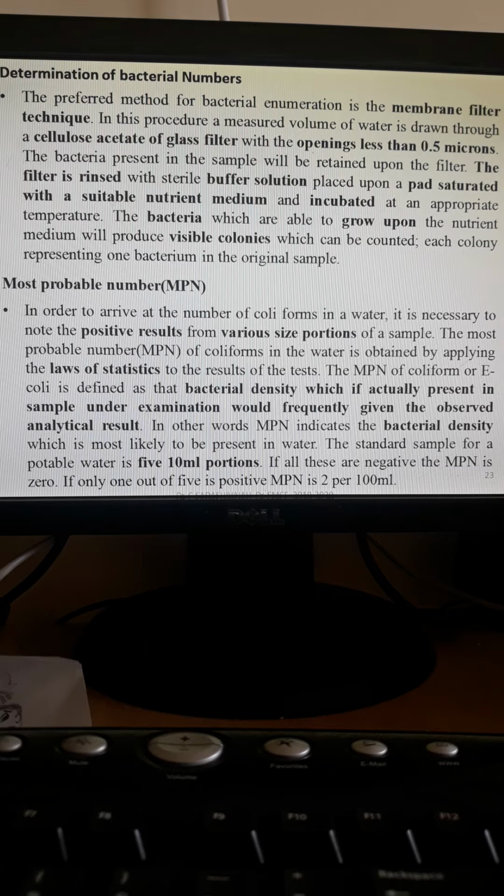It may be 24 hours or 48 hours at 35 or 37 degrees, as prescribed in the procedure for conducting the test.